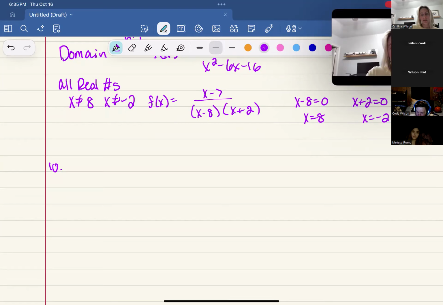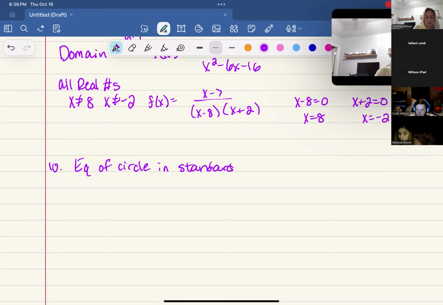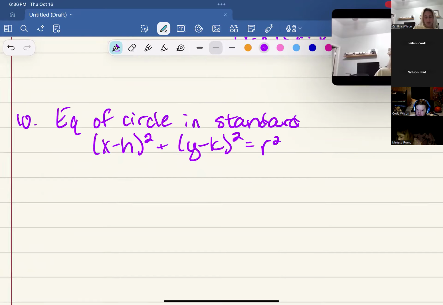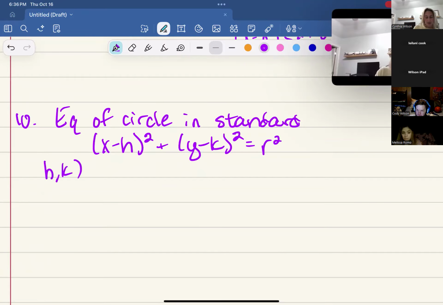This is not one I'm going to be able to sketch because it's a circle. It's the equation of the circle in standard form. So that's (x minus h) squared plus (y minus k) squared equals radius squared, where the h and the k represent the center. And of course, r represents the radius.